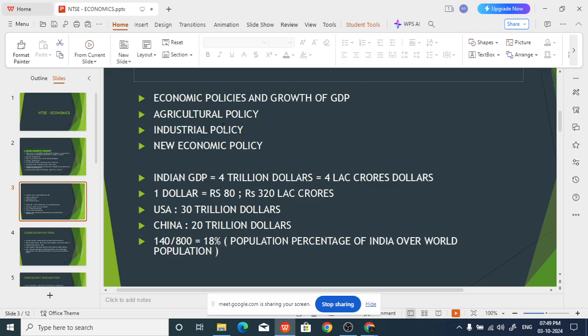So how much will it be in 2025? Eight percent of 4 trillion is how much? 4 into 8 divided by 100, 0.32 trillion.